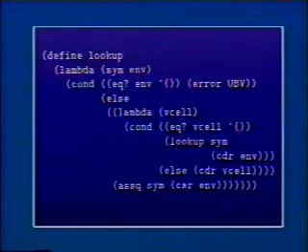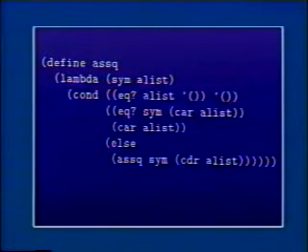Finally, assq is something you probably have seen already. assq takes a symbol and a list of pairs, and if the list is empty, it's empty. If the symbol is the first thing in the list, that's an error. That should be caar, C-A-A-R. Everybody note that.